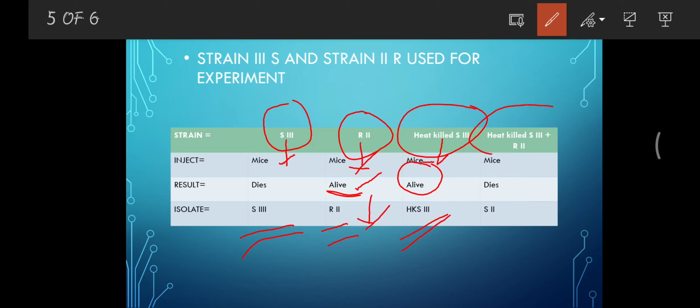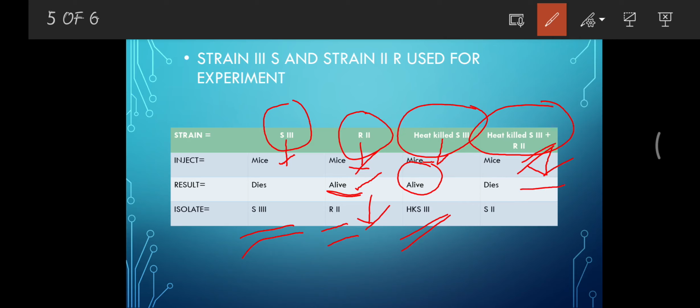But in the fourth turn he obtained an amazing result. When he combined heat-killed S3 microorganism with the R2 strain and injected it into the mice, he found that the mice died. Why?